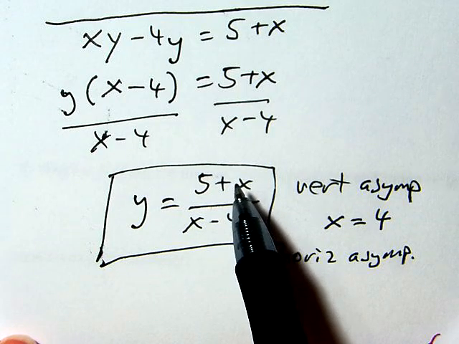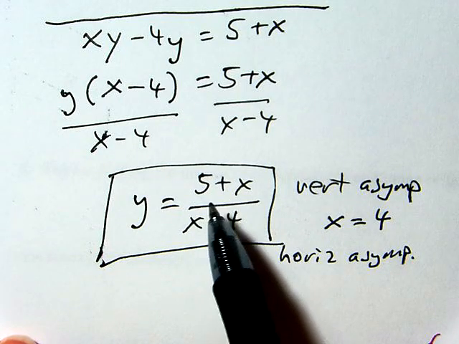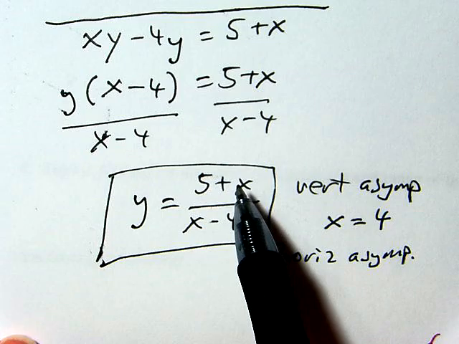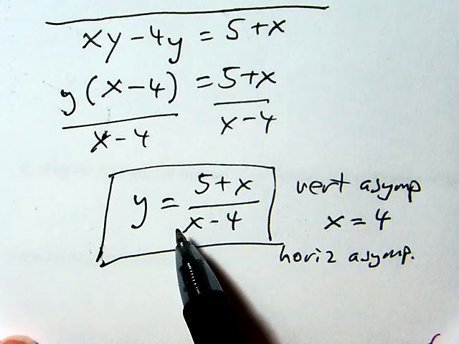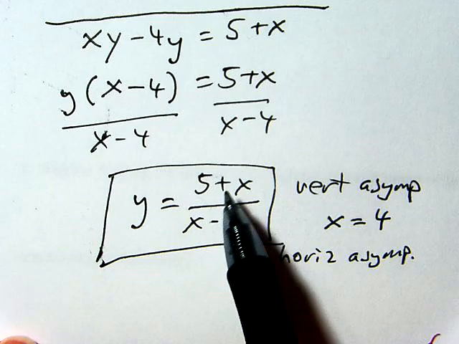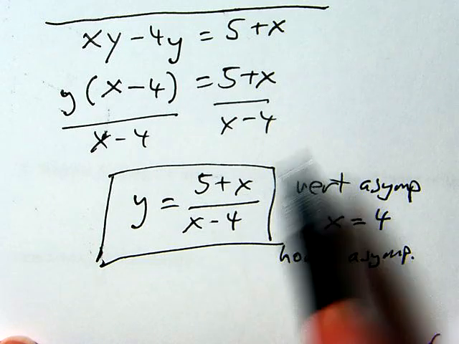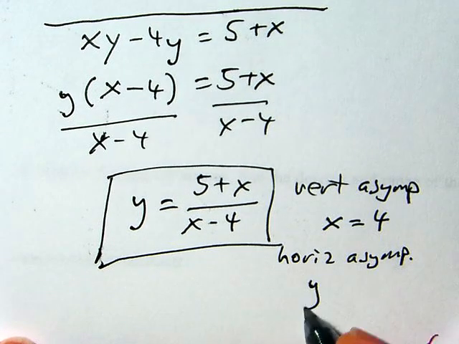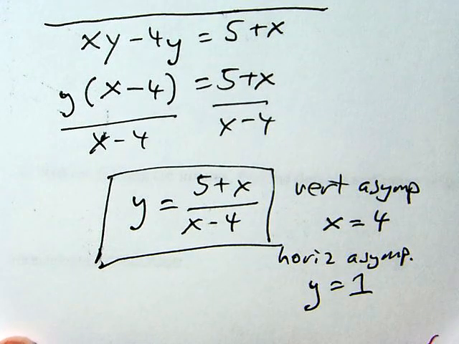Whatever that constant is, that's the horizontal asymptote. And here, the coefficient of x in the numerator and denominator is 1 in both. We don't see a coefficient because it is implied to be 1, and 1 over 1 is 1. So our horizontal asymptote here is y equals 1, and that's what we see when we look at the equation on the graph.